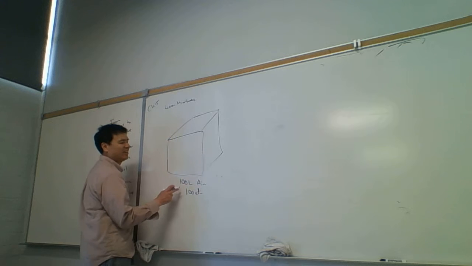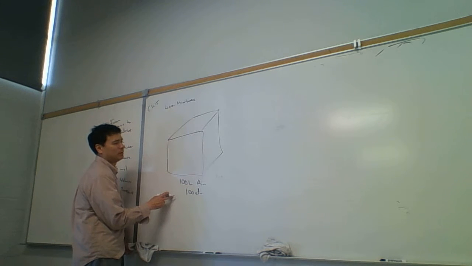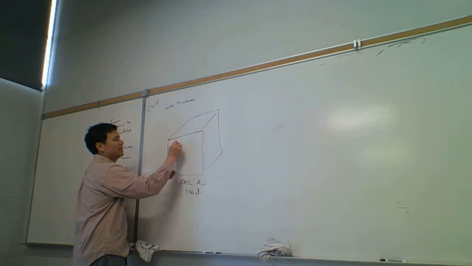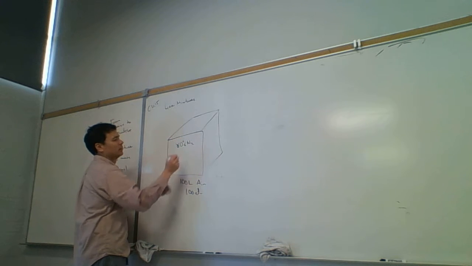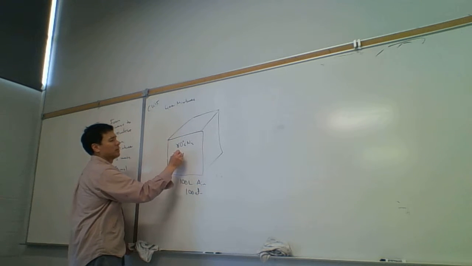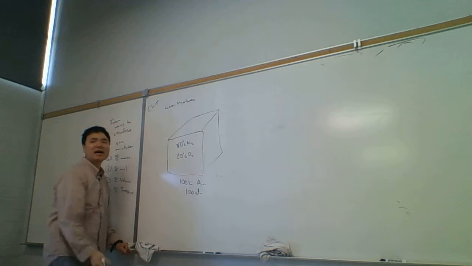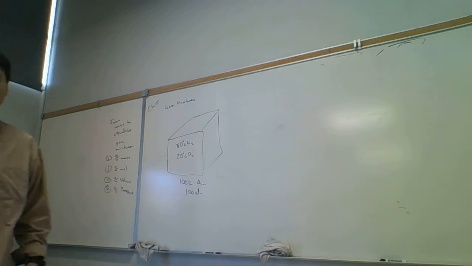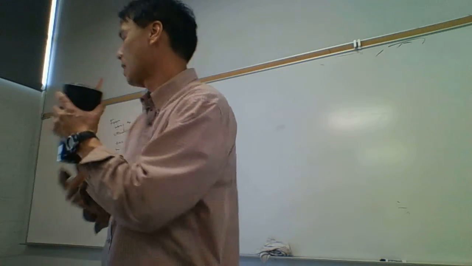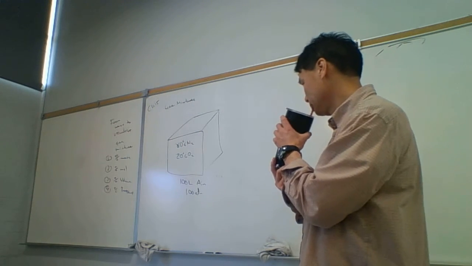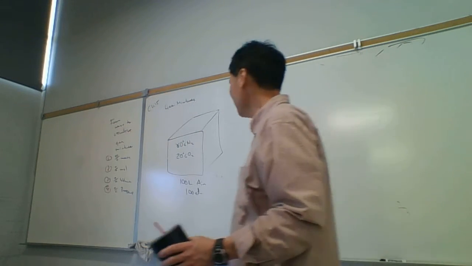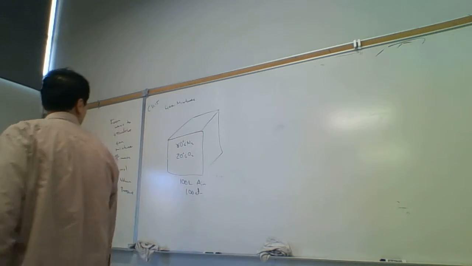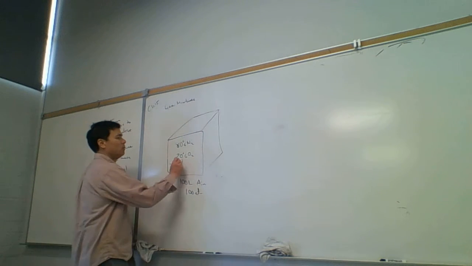Let's say this air, I'm going to keep the composition simple. I'm going to say that this air is 80% nitrogen and 20% oxygen. So that adds up to 100%. Air is more like 21% oxygen, 79% nitrogen, but that's going to be close enough. These are percent by mole.